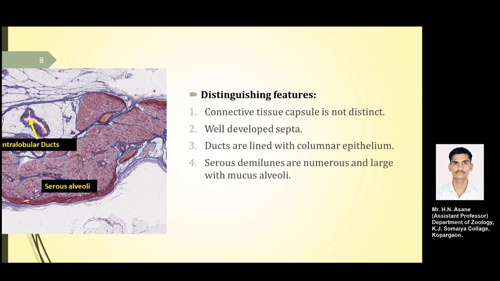The salivary glands have a relatively rich blood supply, and few lymph vessels, and nerve supply is also present there. As you can see in the TS, the interlobular ducts are present in between two lobes.